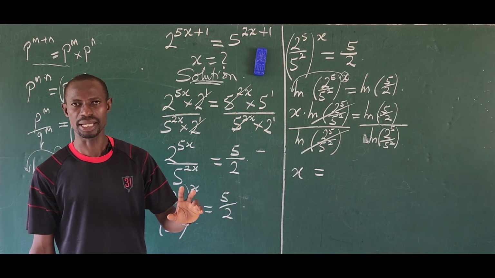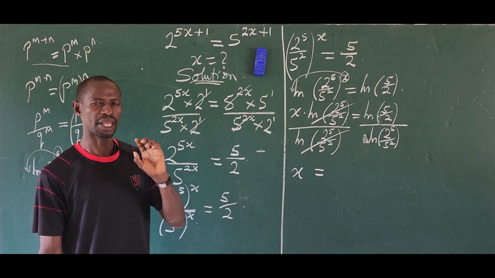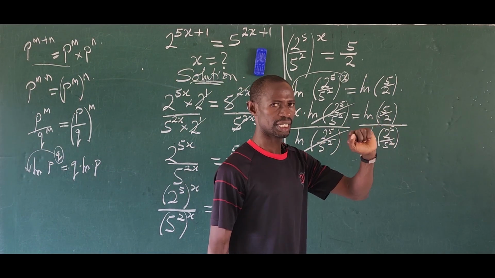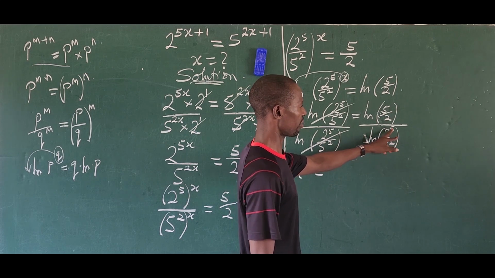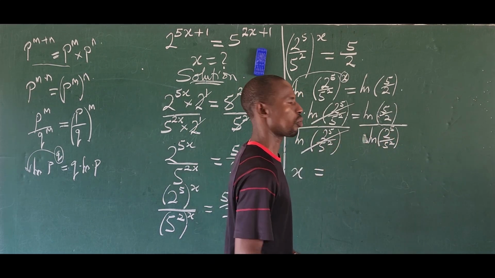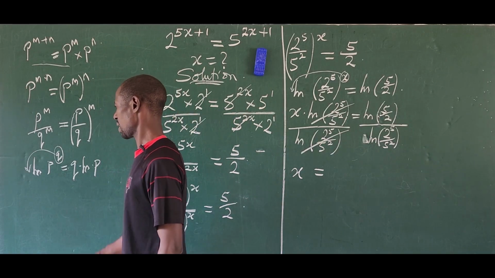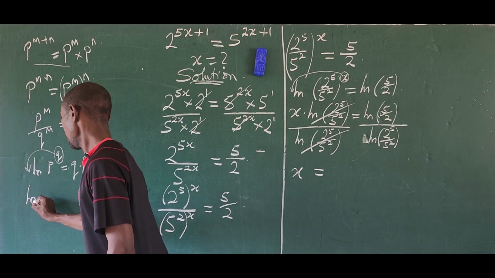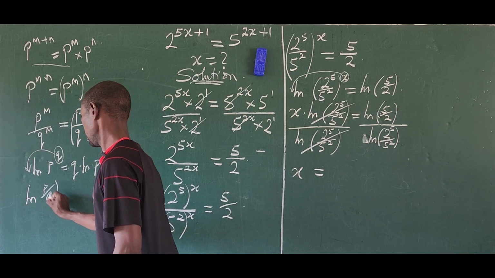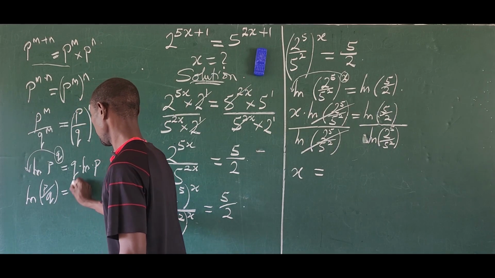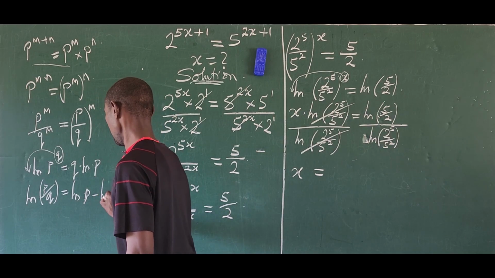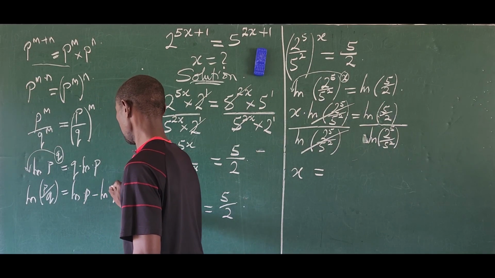Now let's check out this. We have what we call the division law of logarithm. Here we have 5 all over 2, suggesting a division. And here 2 to the power of 5 all over 5 to the power of 2, it's also a division. So what does the division law say? It says that the ln of p all over q is equal to the ln of p minus the ln of q.